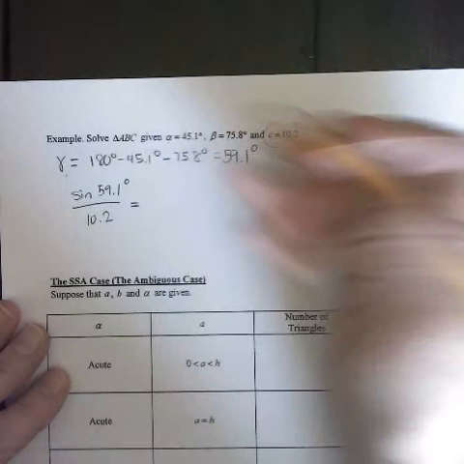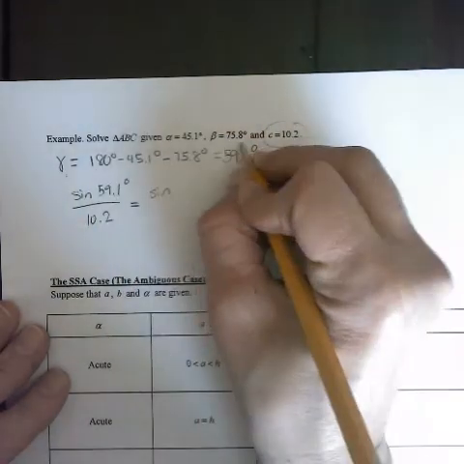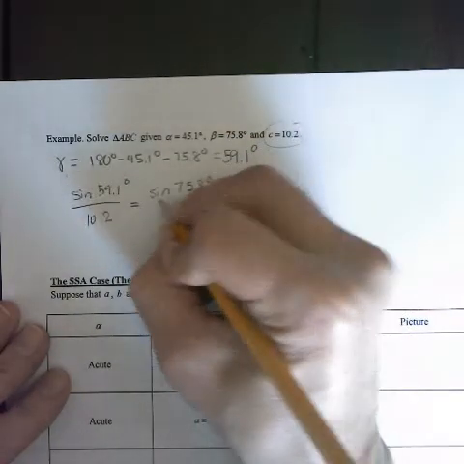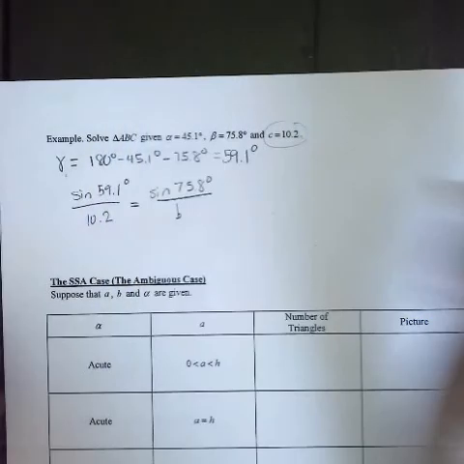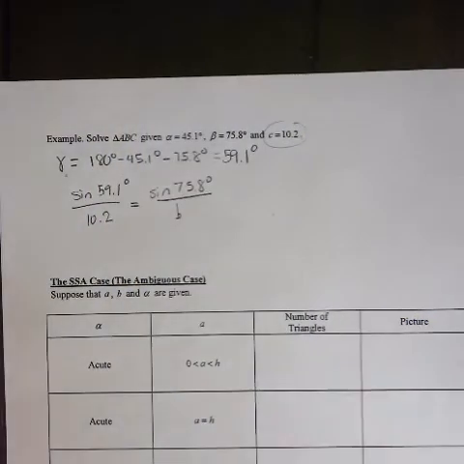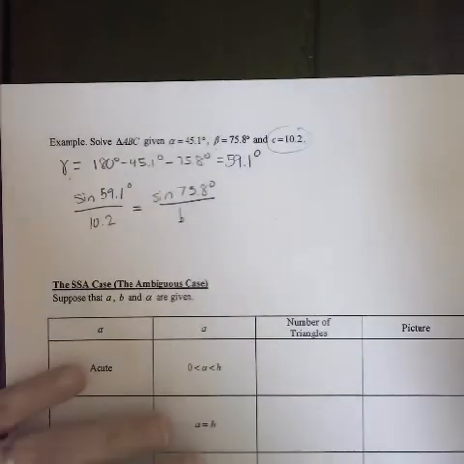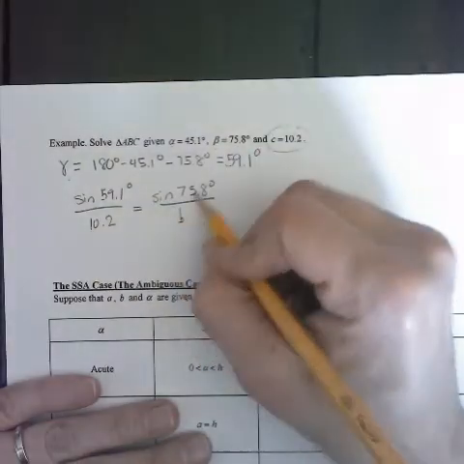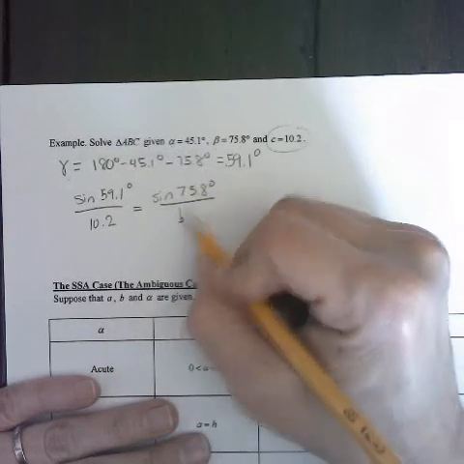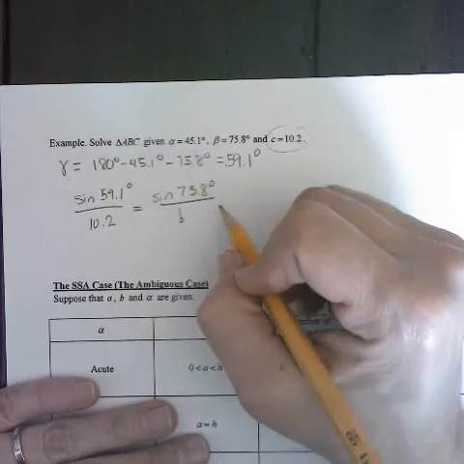And then it doesn't matter which one we solve for next. If I do sine of 75.8 degrees, then I want to have a B underneath it because that's beta. Or I could do sine of 45.1 degrees over A. Just make sure you use the right combination here. Don't mix up and put A here, then you'll get the wrong answer.